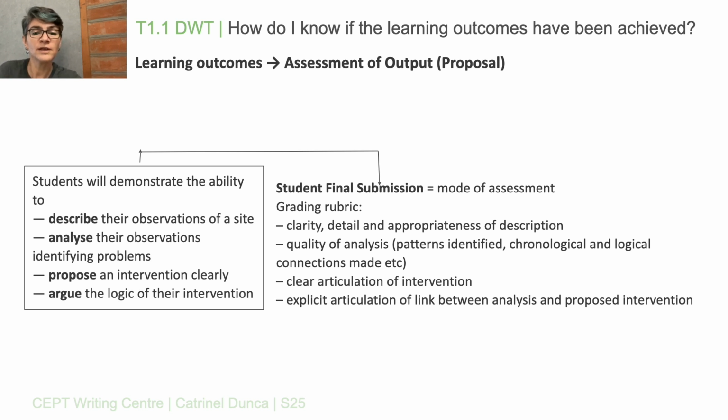My grading rubric will have to include details on the clarity, detail, and appropriateness of the description, the quality of the analysis, and that will mean whether they identified patterns, whether they're looking at things chronologically and logically and articulating them, all of that. My grading rubric will also look at whether they're saying clearly how they want to intervene and whether they're able to explain what aspects of the analysis have led to what decisions when it comes to the intervention.